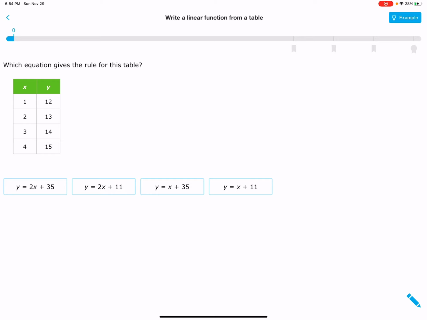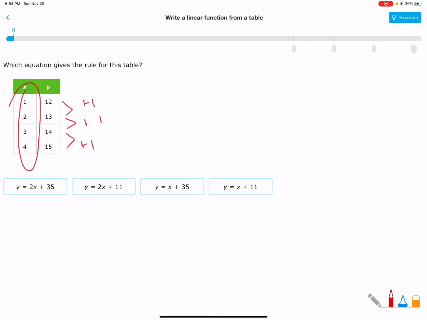The way that we do this is we're going to look at these numbers. These move up by a constant rate, 1, 2, 3, 4. And 12 to 13, 13 to 14, 14 to 15, all we're doing is adding 1. We are adding 1 each time.